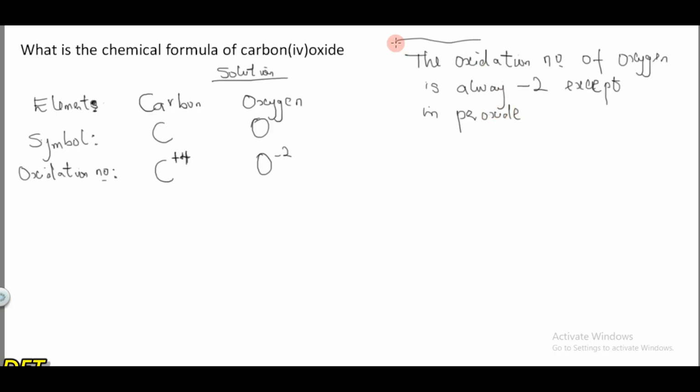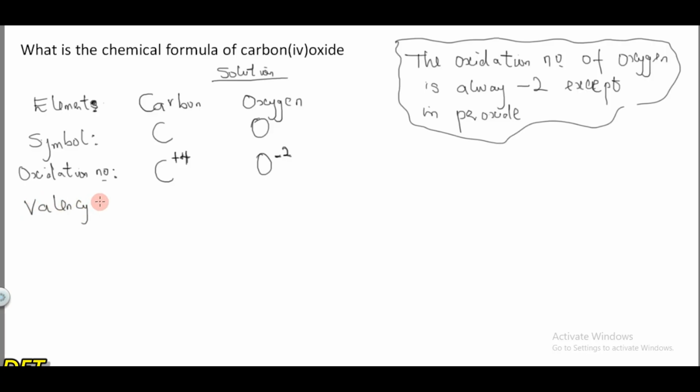So this is one important fact that you should know, that the oxidation number of oxygen is always -2, except in peroxides, right? So oxidation number of oxygen is what? -2.